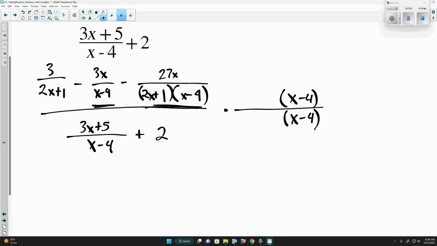Anything else we need to multiply top and bottom by? What else is in the bottom of these fractions? We already did the x minus 4. What else do we need? 2x plus 1. Because it does appear in the bottom of the fractions, yes?